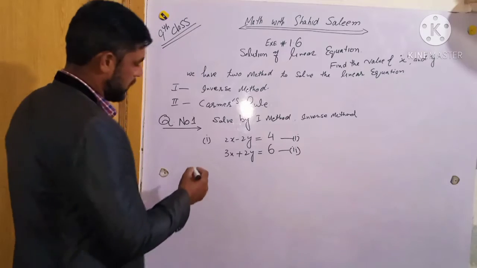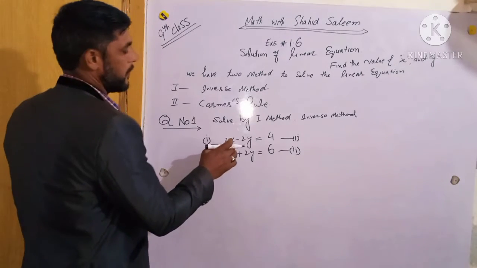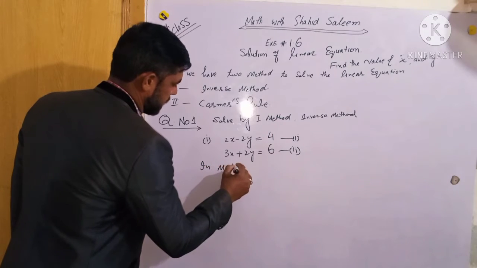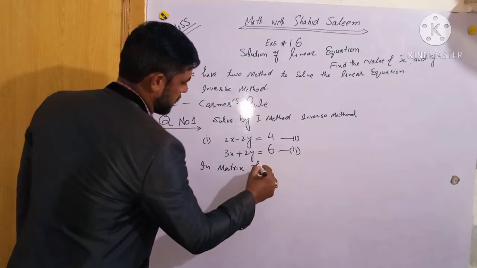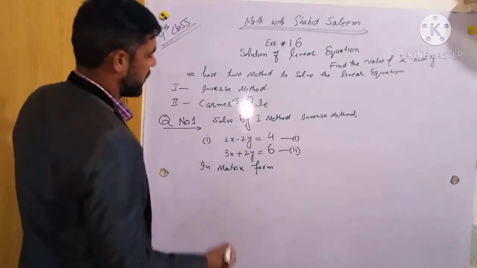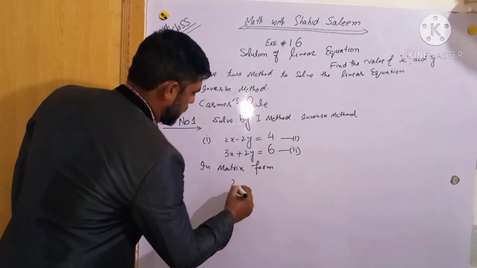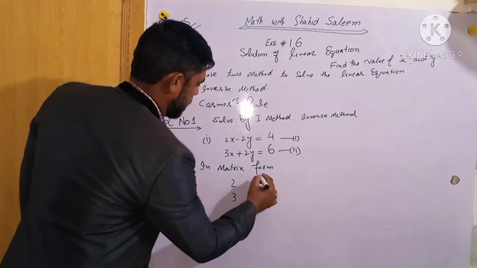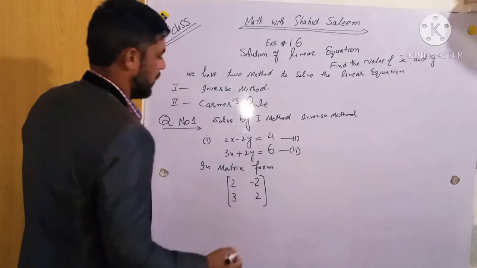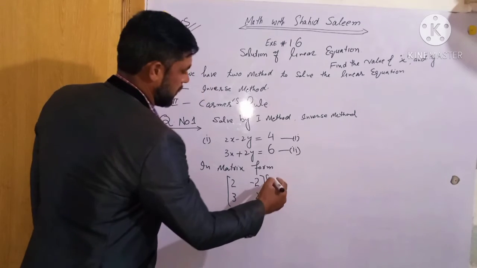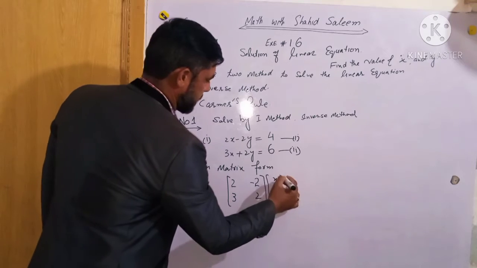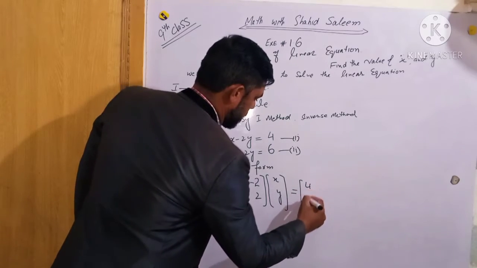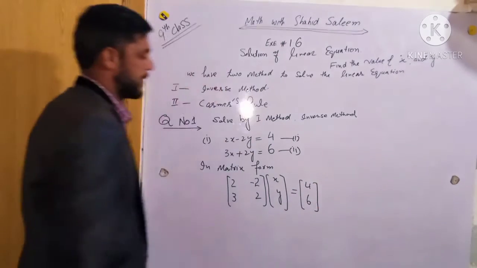The first step is to write these equations in matrix form. In matrix form, we write the coefficients of x and y in a matrix like this, and the variables also in matrix form, x and y, and also 4 and 6 is also a matrix.